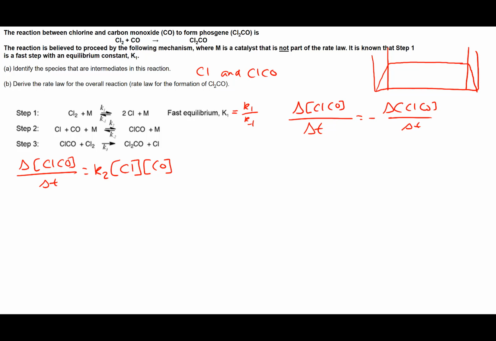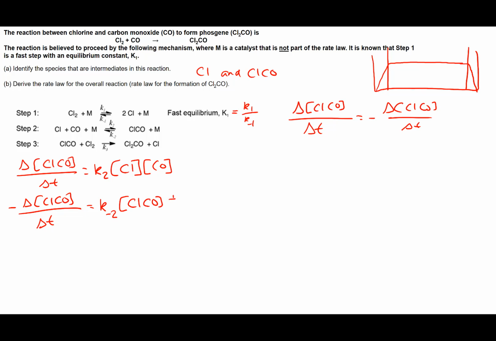Now the rate of consumption in this case is going to be equal to the following reactions, so I'm just going to write that out. This is the rate of consumption, which I indicate as negative delta concentration of ClCO over delta t. That's going to be equal to, first off, the reverse reaction. Because step 2 is in equilibrium, the ClCO is also going to go in the reverse reaction to reform the Cl and the CO. So that's k minus 2 times the concentration of ClCO.